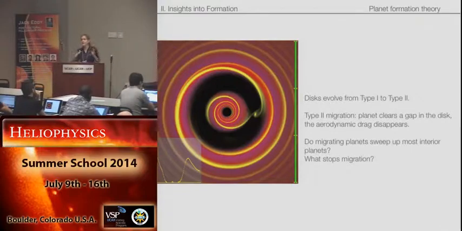It wants to orbit in a Keplerian orbit, but feels this headwind from the gas and dust that's left behind in the disk. And here, that's no longer the case. But now that the gap has been cleared, material comes in and it tends to pile up on the inner edges of the disk. It can also pile up here. And if the pileup of material on the inner edge of this cleared annulus becomes comparable to the mass of the planetesimal, it will exert a torque on the planetesimal and cause it to move in the disk.